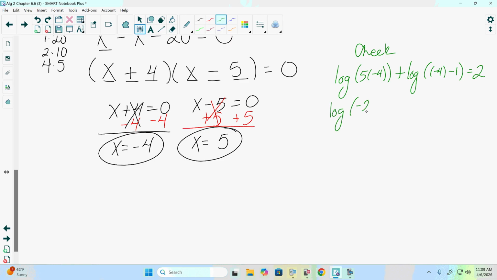Here we get log of negative 20 plus log of negative 5. That's not going to equal 2, because even though our product property, if we used it, we get log of negative 20 times negative 5. Negative, negative, make a positive. 5 times 20 is 100. Would work, but I cannot do it because what's inside the log is negative.